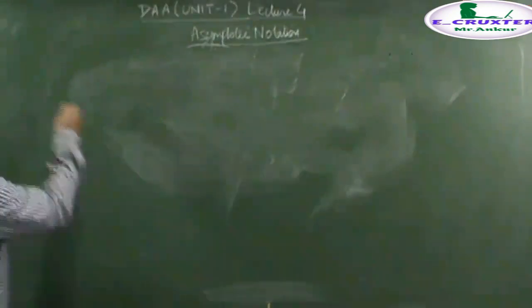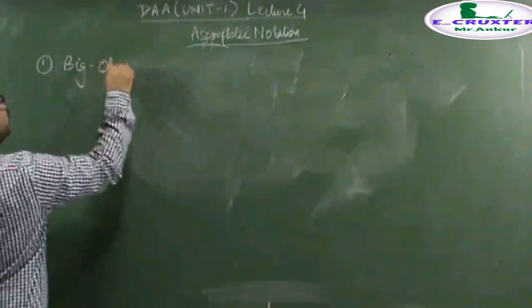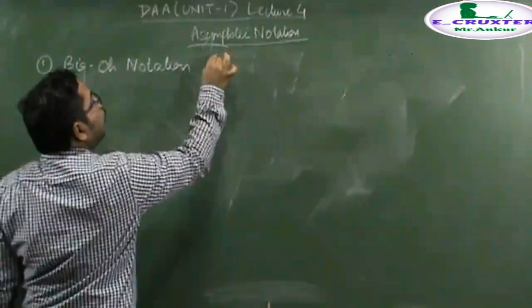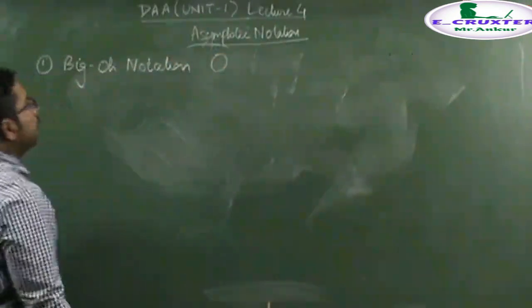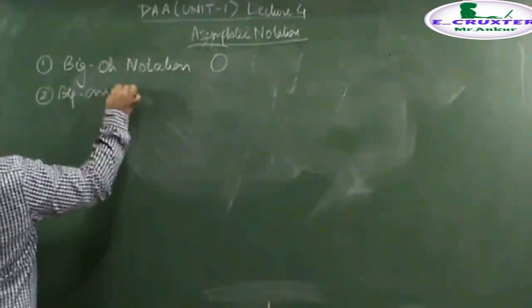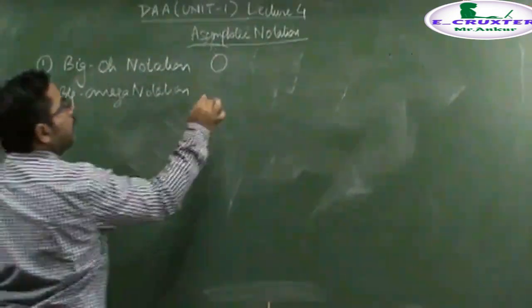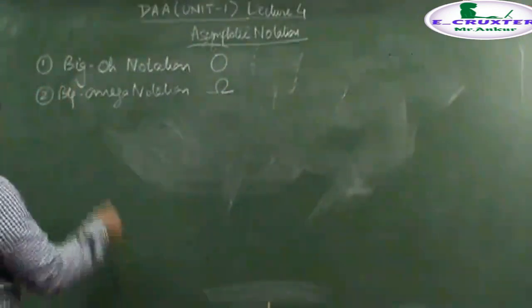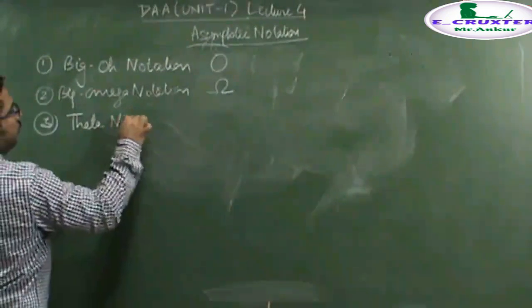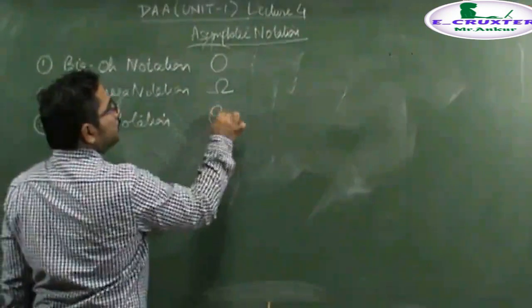These notations are as follows. The first is the big O notation, denoted by big O. Second is the big omega notation, denoted by omega. Third is the theta notation, denoted by theta.